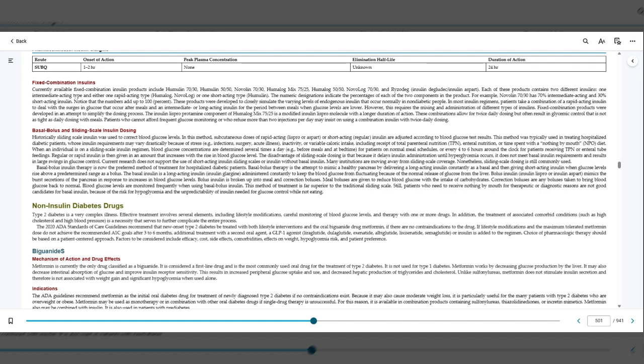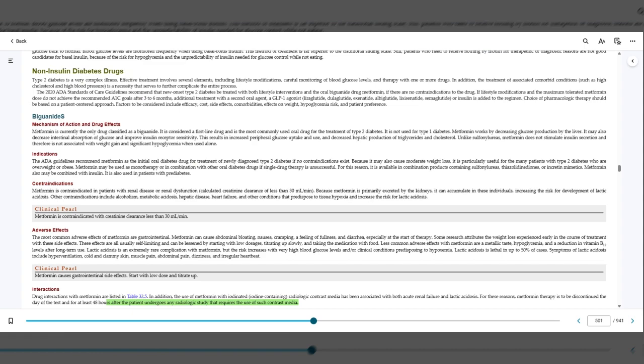If my patient's a type 2 diabetic, we're going to go into my non-insulin medications, and these are going to be oral medications. So my first group here is my biguanides. My first drug of choice for this one is metformin.